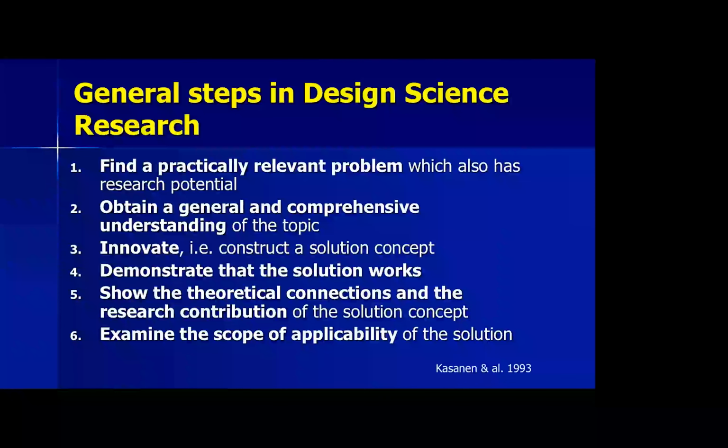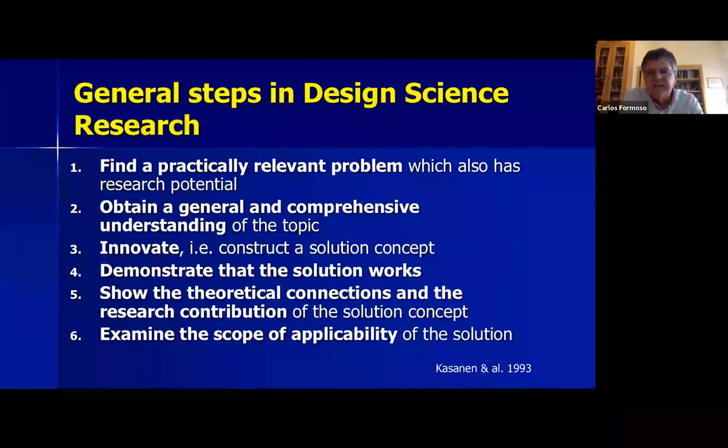Yeah. Okay, that's fine. So in this slide, I show in a very simple way the steps for design science research. So the first step, and this is very different from descriptive research, from natural sciences or social sciences, is to find a practical problem that is relevant and has research potential, right?